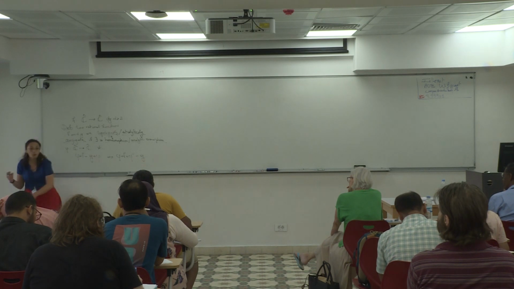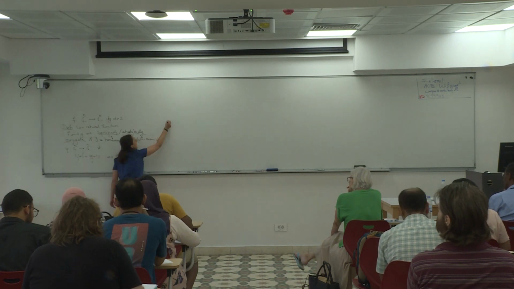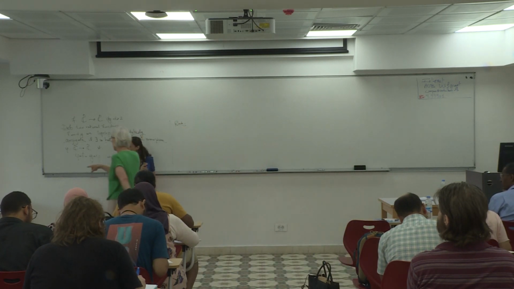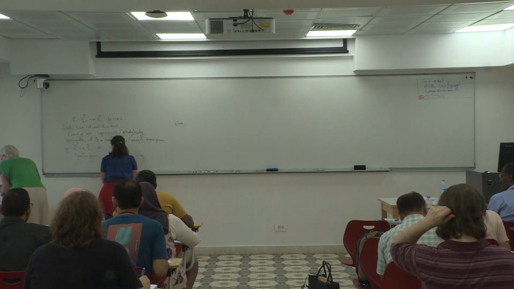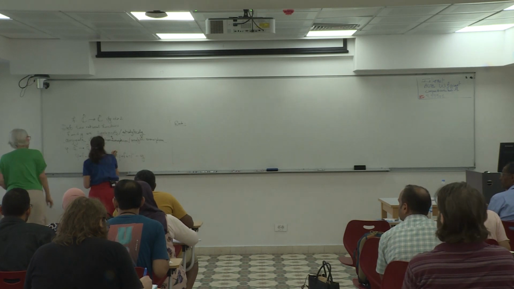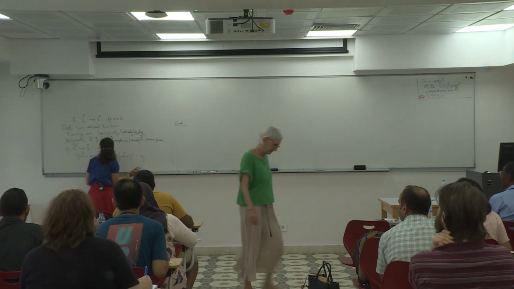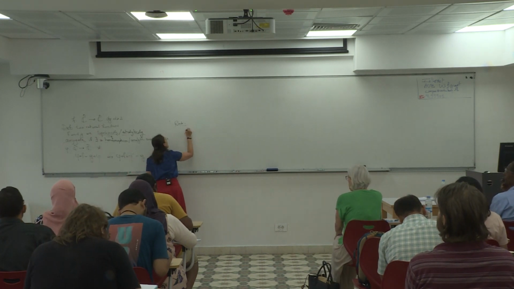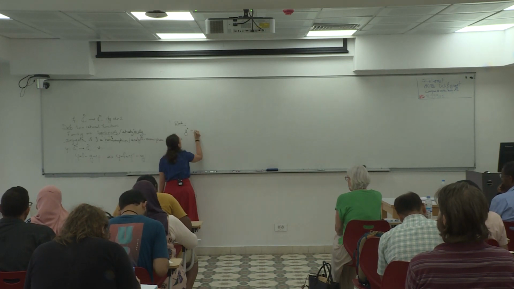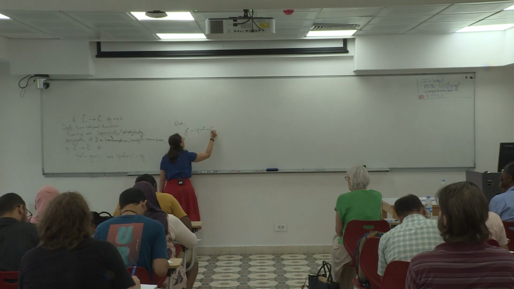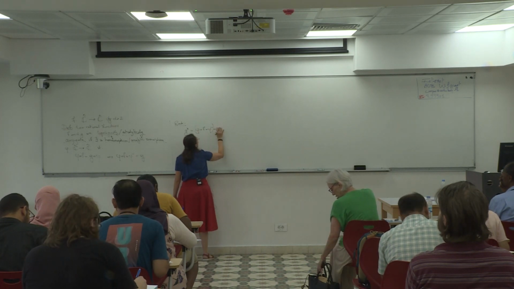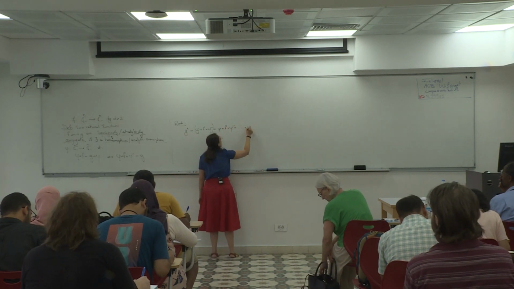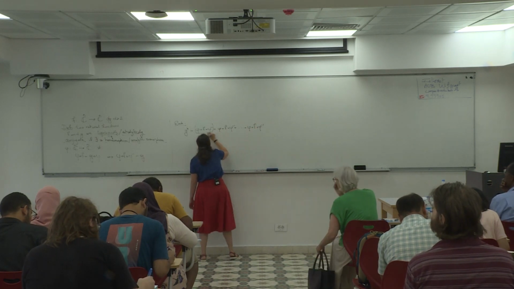As a remark, if you consider g iterated k times, this is the same as phi composed with f composed with phi inverse, composed with phi, composed with f, composed with phi inverse, and so on, k times.